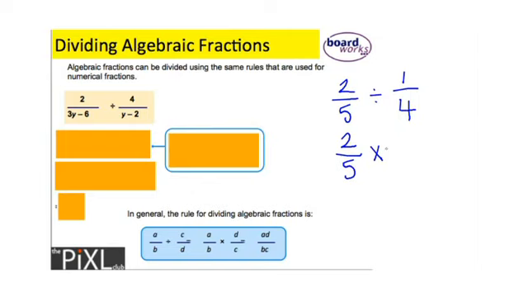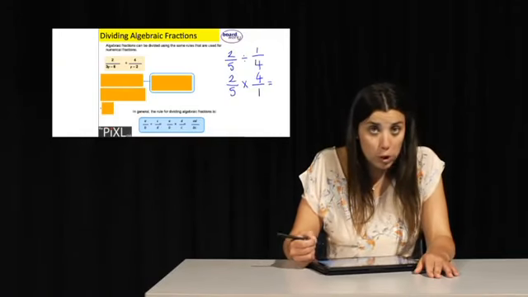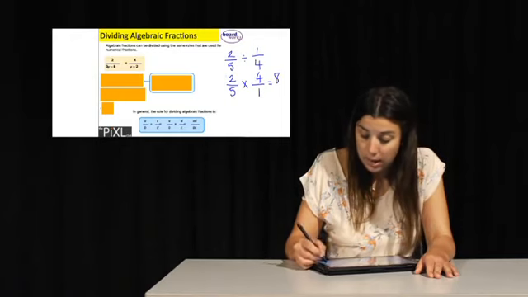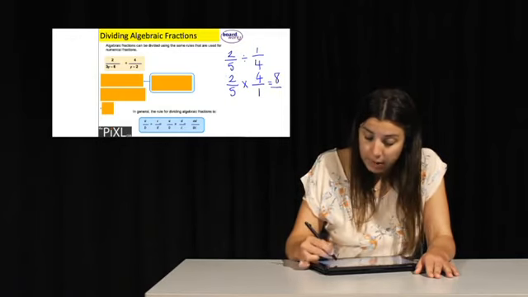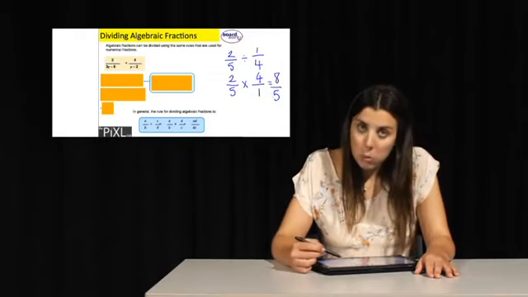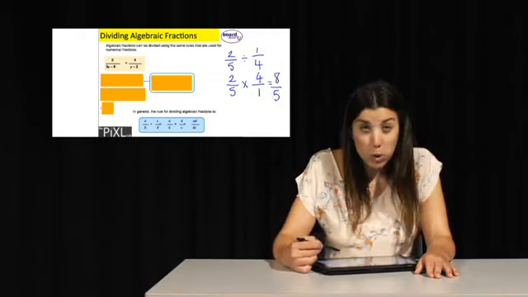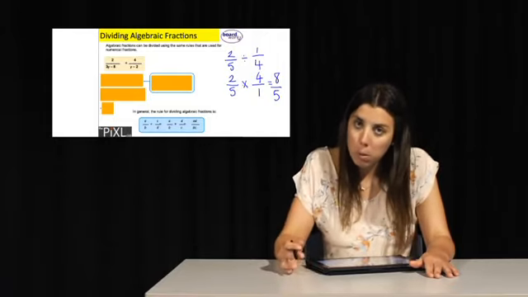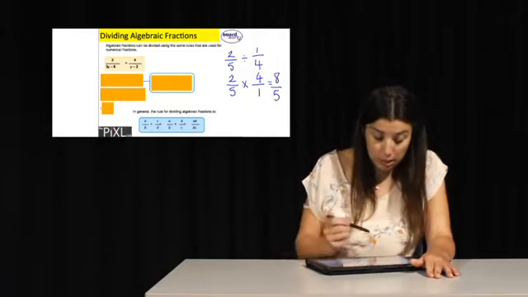The reciprocal of the fraction is when you flip it. So we have 4 in the numerator and 1 in the denominator. We then follow the same rules that we just looked at for multiplying. 2 times 4, 8, divided by 5 times 1, 5. So the only thing different when we're dividing is that we actually multiply by the reciprocal. So the first fraction multiplied by the reciprocal of the second fraction.